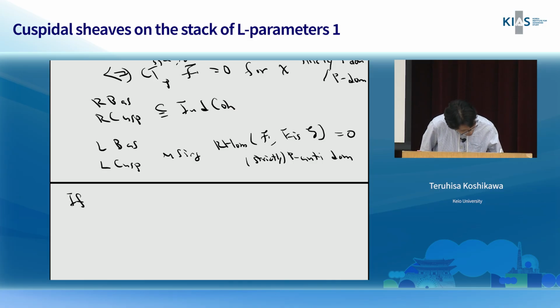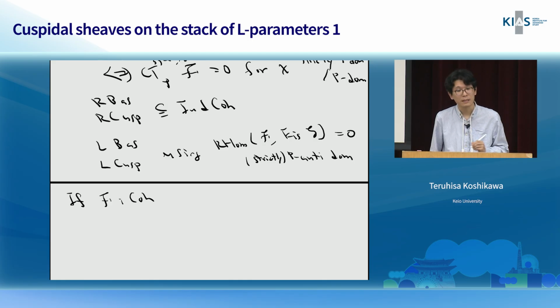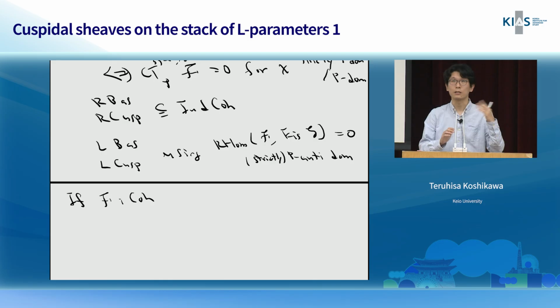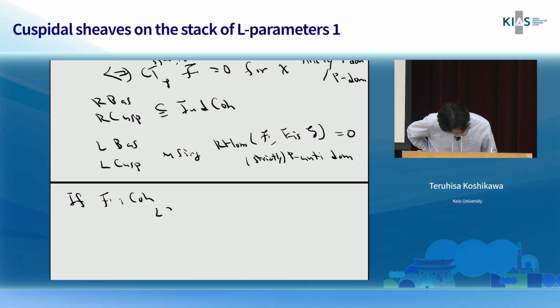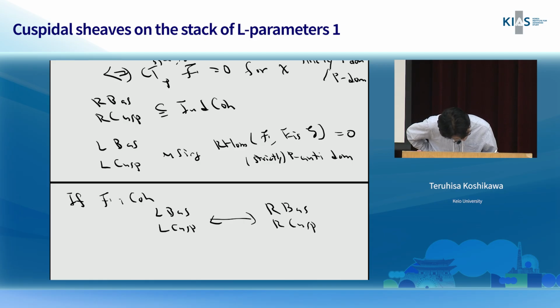If F is coherent, then left cuspidal and right cuspidal, or left basic and right basic, correspond under Grothendieck-Serre duality.